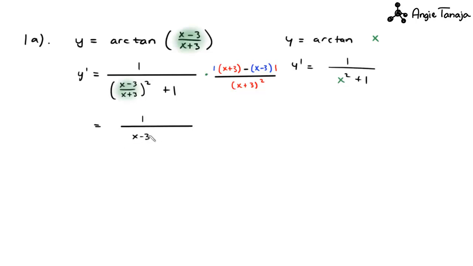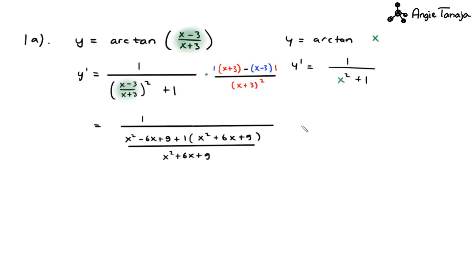So then this will be x squared minus 6x plus 9 plus 1 times x squared plus 6x plus 9 over x squared plus 6x plus 9 times 6 over x plus 3 squared. So then this will be x plus 3 squared.